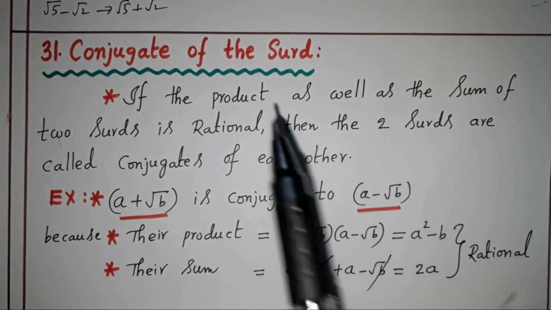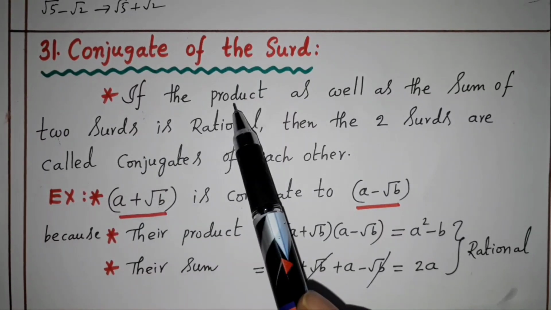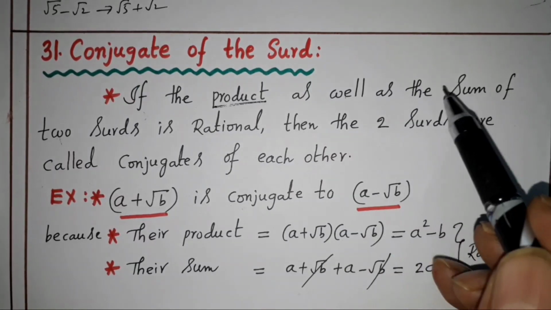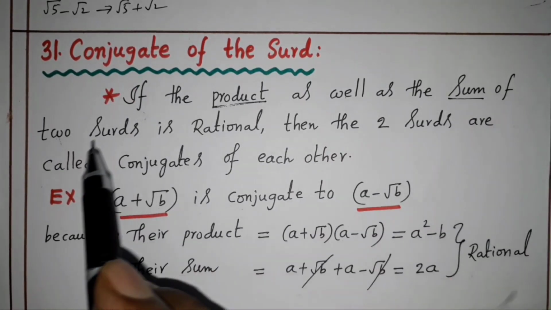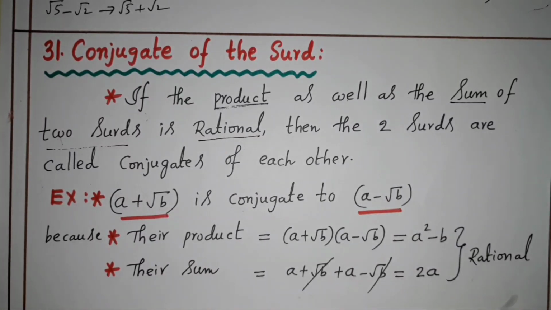Children, the next concept is conjugate of the surd or conjugate surds. Let us see what conjugate surds are. If the product as well as the sum of two surds is rational, then the two surds are called conjugates of each other.